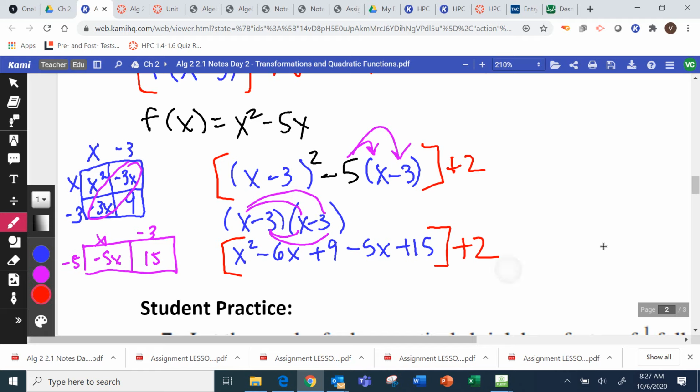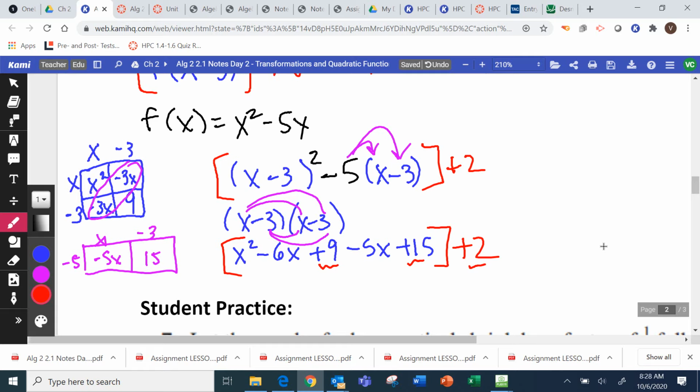Those are times that you have to be able to tell the difference between. So we're going to combine our like terms. 9, 15, 2, 17, 26. Anybody else do that math? Double check me. I make mistakes easily.